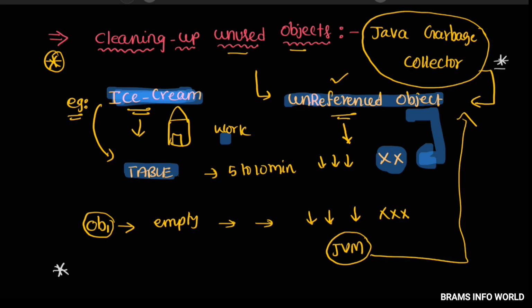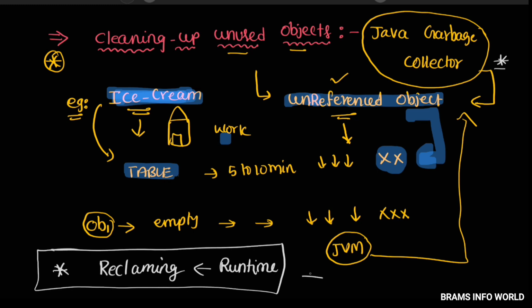See, garbage collection means the process of reclaiming unused memory at runtime. So garbage collection, or cleaning up unused objects, is the process of reclaiming unused memory automatically, which is done by the JVM.